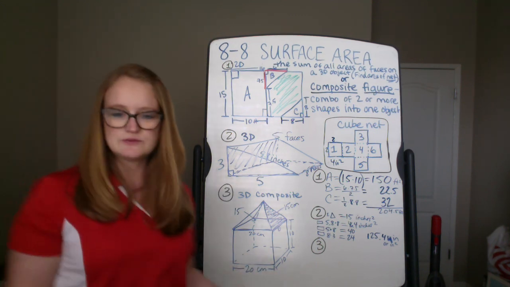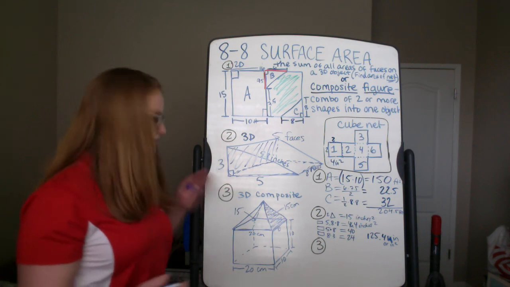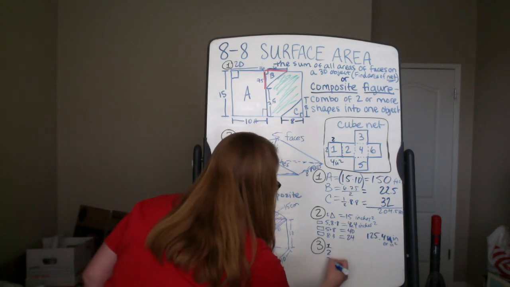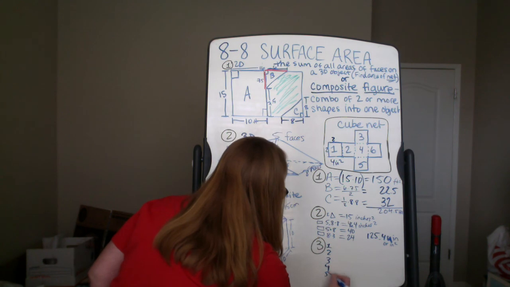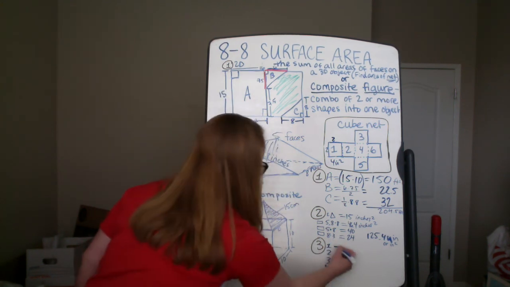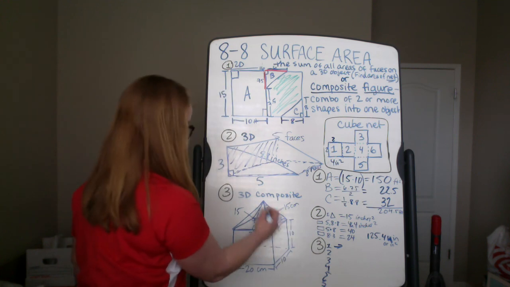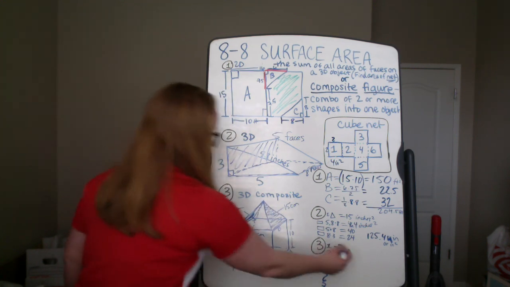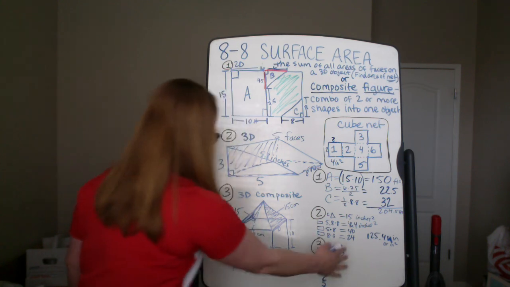So what I would do for these problems, guys, is make sure you know the amount of faces first. I would label it, like 1 through 9, and then be like, okay, the area of this face is this. The area of this face is also this. You might have some duplicates, right?